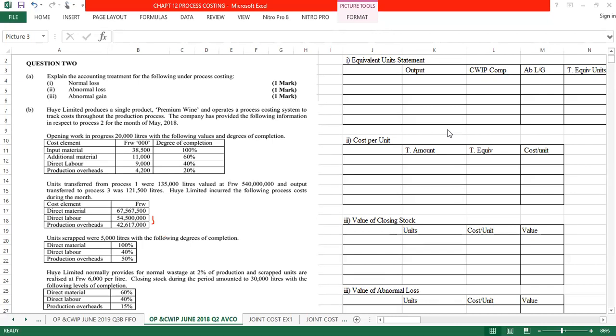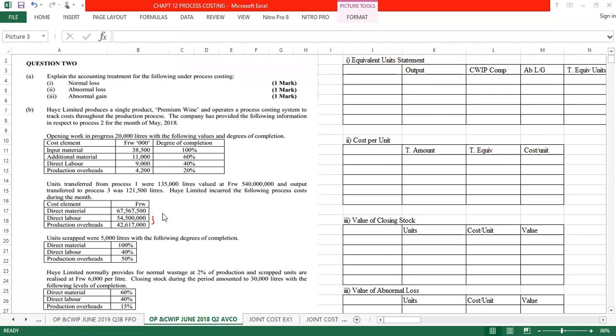Credit, thank you. So abnormal loss should be credited. Lastly, abnormal gain. Abnormal gain, debit. You see, you have earned 3 free marks. I call those ones free marks, which you should all get.